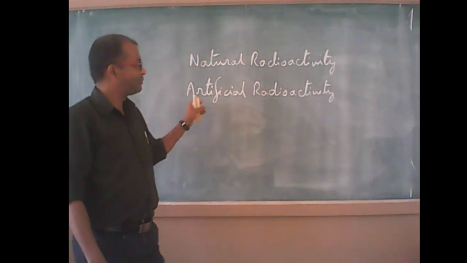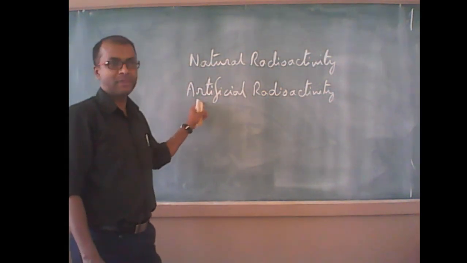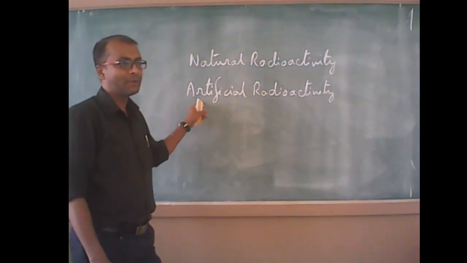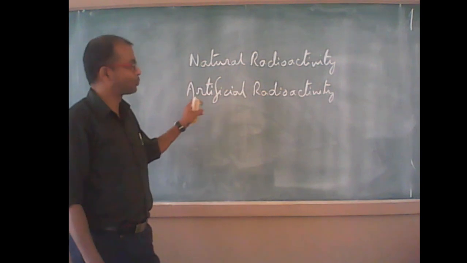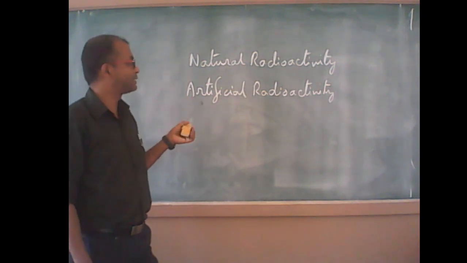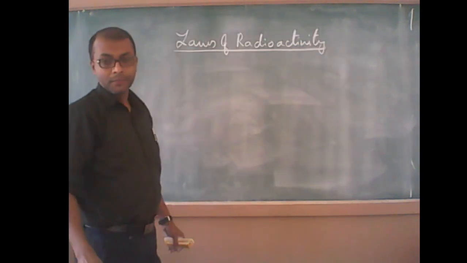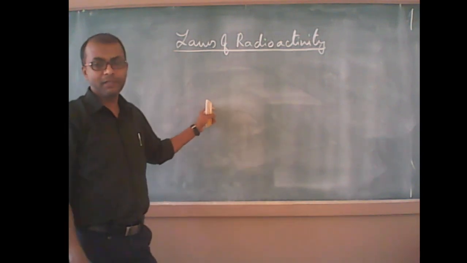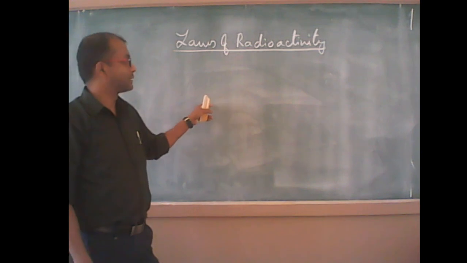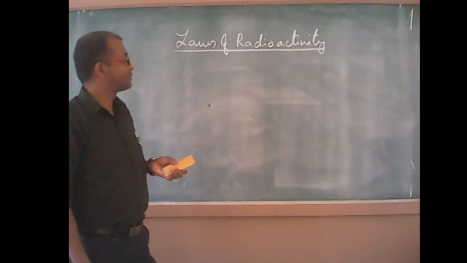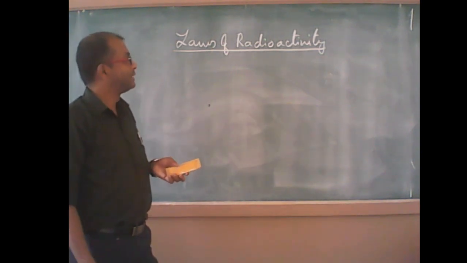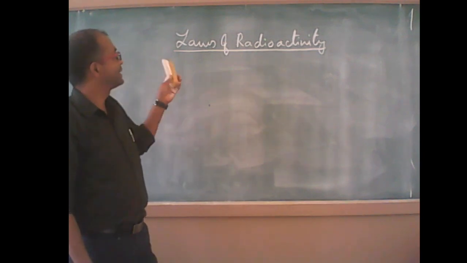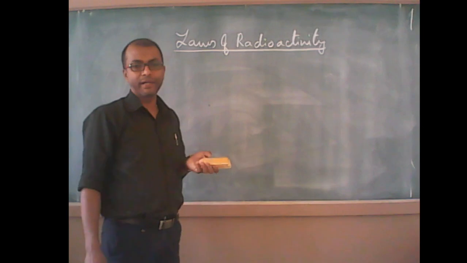In this process, we can convert naturally occurring stable nuclei into radioactive isotopes by bombarding them with energetic particles and radiations. Because radioactivity is a natural phenomenon, it has to obey certain laws. Any phenomenon that occurs in nature is governed by certain laws. Hence, the next thing that we'll discuss is the laws of radioactivity.